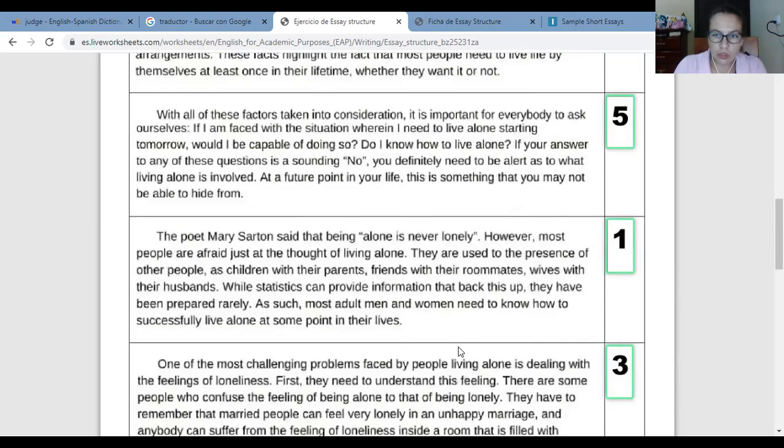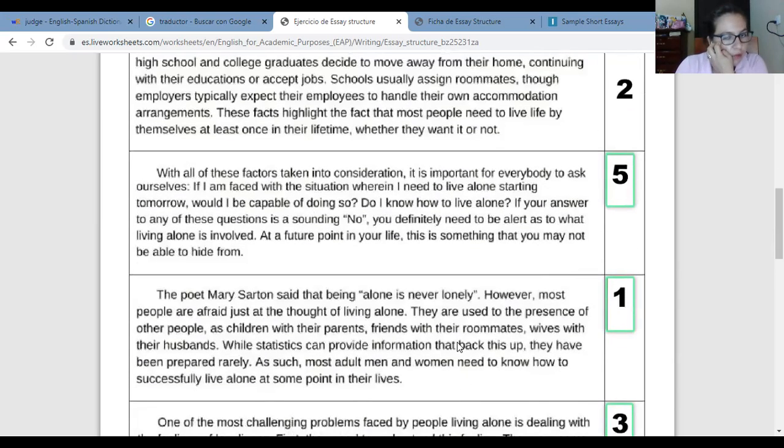Okay, very good. And the final, we have here the conclusion, okay? Because it said, with all of these factors taken into consideration, it is important for everyone to ask ourselves, okay?